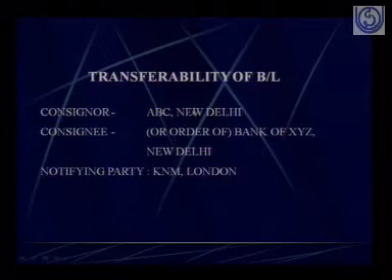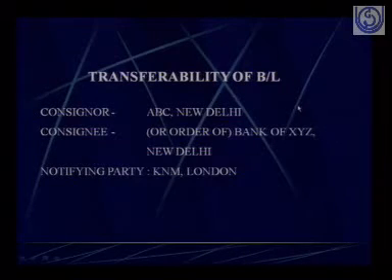Now the consignor, the person who is shipping the goods, here by writing "or order of" and not striking this "or order of" and putting the name of the negotiating party, this bank becomes the first negotiator, because you are putting here the name of the negotiating bank.